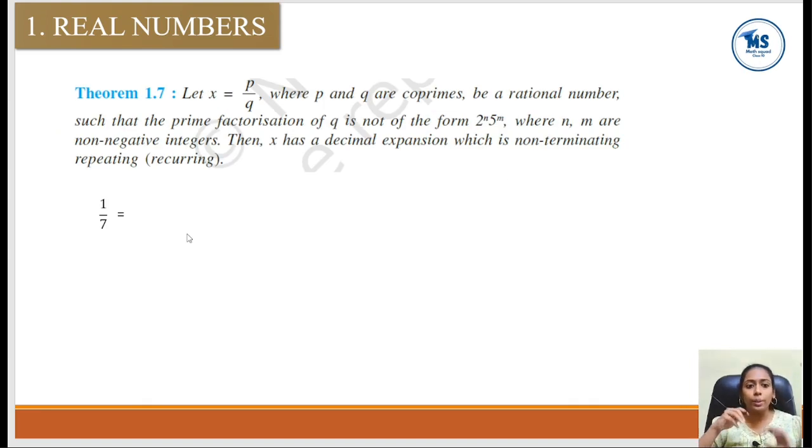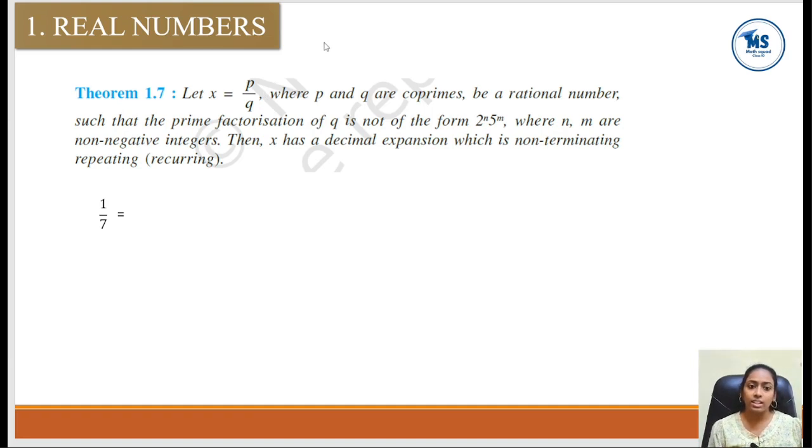Then next theorem. Let x equal to p by q, where p and q are co-primes, be a rational number such that the prime factorization of q is not of the form 2 power n into 5 power m, where n and m are non-negative integers. Then x has a decimal expansion which is non-terminating and repeating. Repeating means recurring. Repeating means the same number or numbers will be repeating.